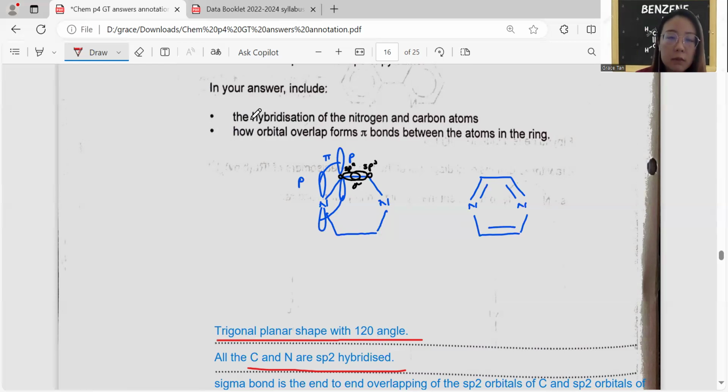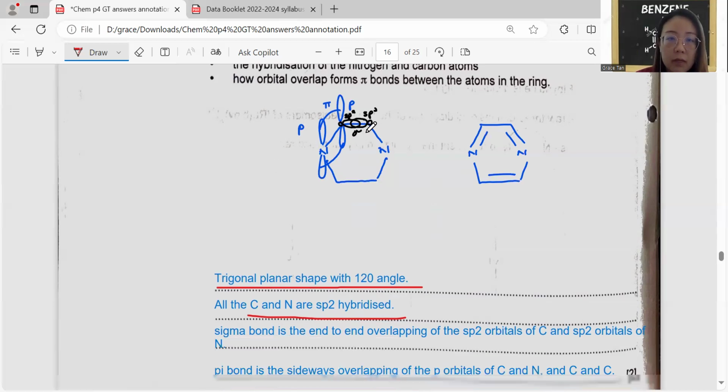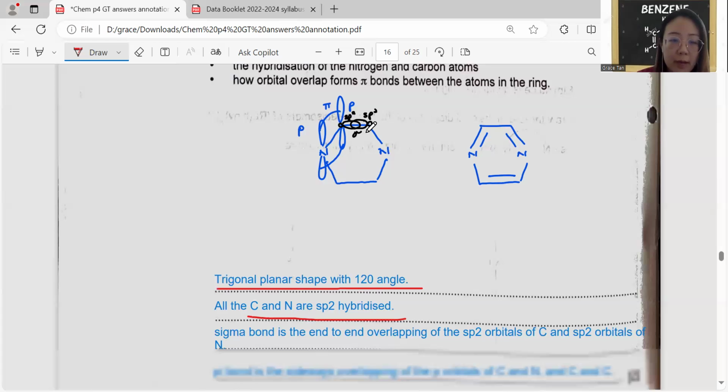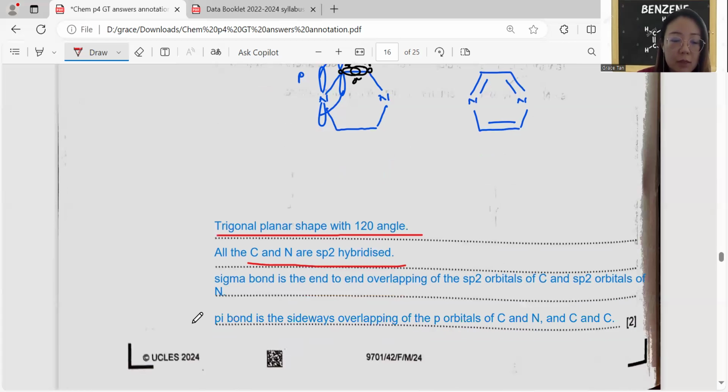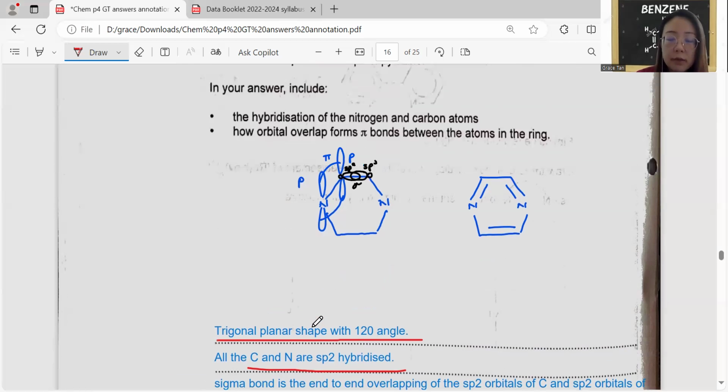Now, how the orbitals overlap to form pi bonds between the atoms in the ring. They only wanted pi bond, right? I added too much, so I also put sigma bond. So maybe this is not needed. We just look at the last one. Pi bond is the sideways overlapping of the p orbitals of carbon and nitrogen, carbon and carbon. If you look at the structure here, this is how a benzene looks. It's just that we changed this to become nitrogen and nitrogen. Originally it is carbon in a benzene, so we just change it to nitrogen.